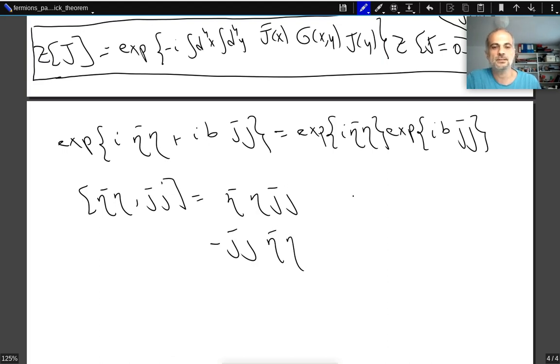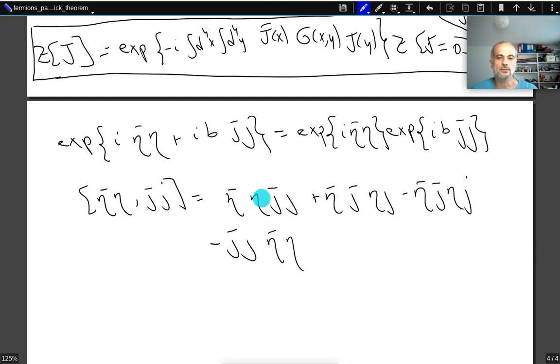So let's see, this is plus η̄ j̄ η j minus η̄ j̄ η j. So this is just 0. But you see what I have done in these two terms: η̄ is on the left hand, j is on the right hand. Inside I have η j̄ plus j̄ η, the anti-commutator of η and j̄, being Grassmannian numbers, they anti-commute, so these two terms give me 0. So I'm left with this term and this term.